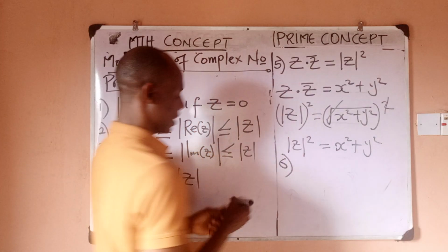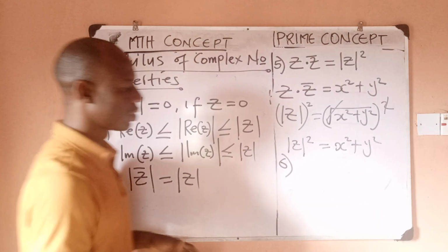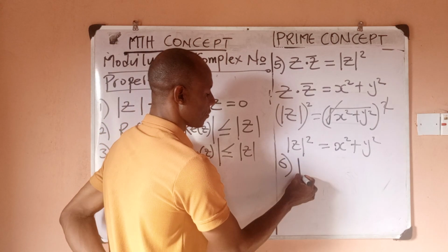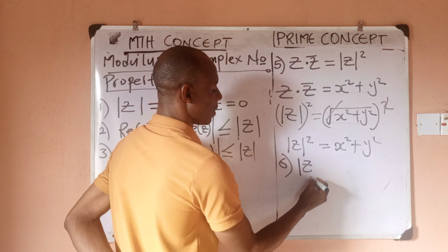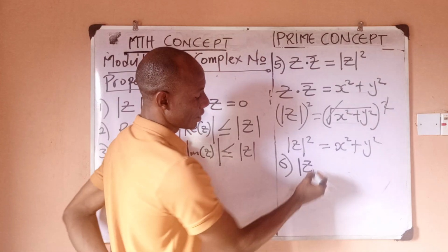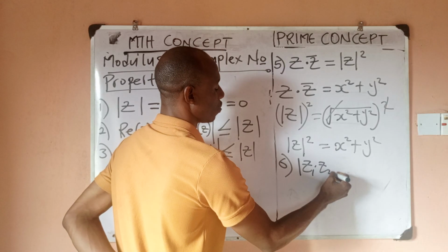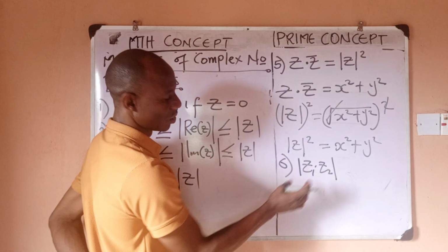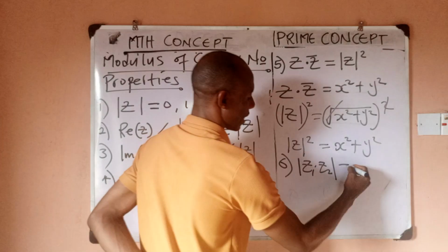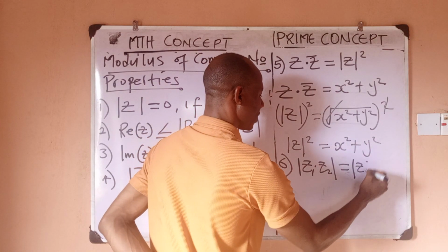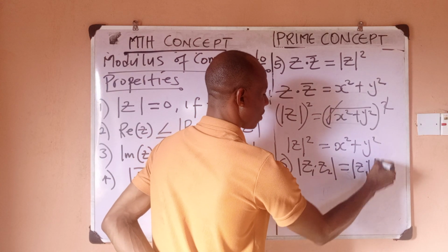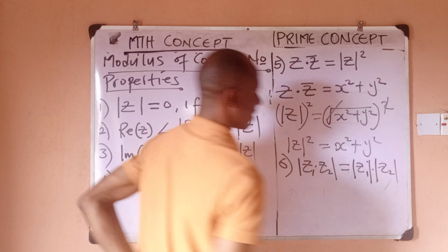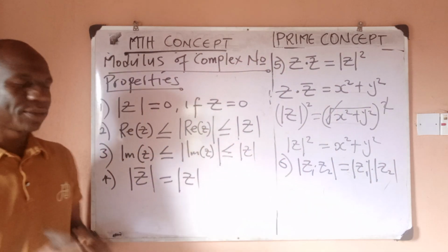Number 6 property I want you to note for modulus is that if you have multiplication, say you have z1 times z2 and then you take their modulus, this will give you the same result as taking the modulus of z1 before multiplying with the modulus of what? z2. This will give you the same result.